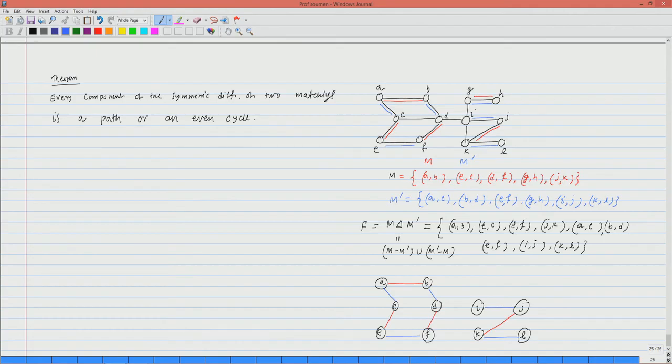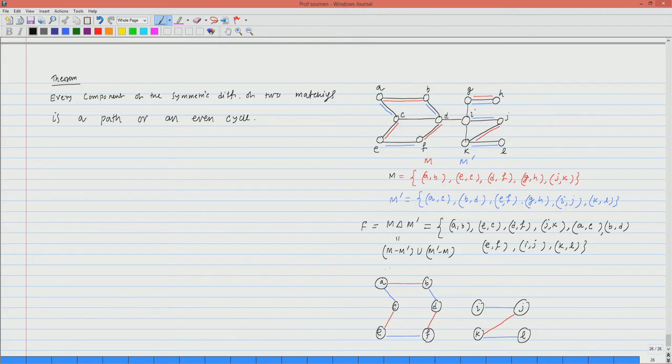Now, you understand the statement of this theorem, that every component of the symmetric difference of two matchings, here the two matchings are M and M prime, is a path or an even cycle. You can see that. This is the graph which is the symmetric difference of two matchings M and M prime.